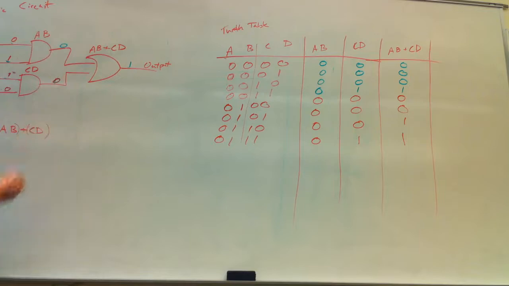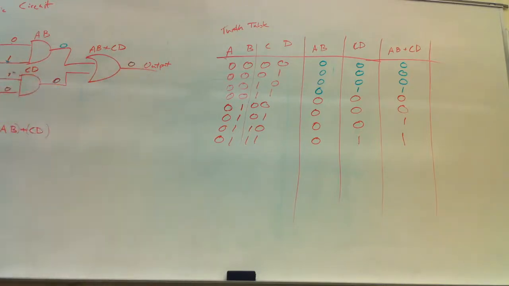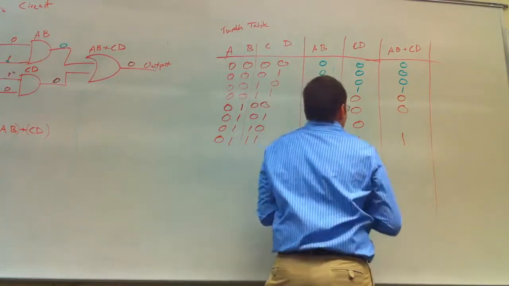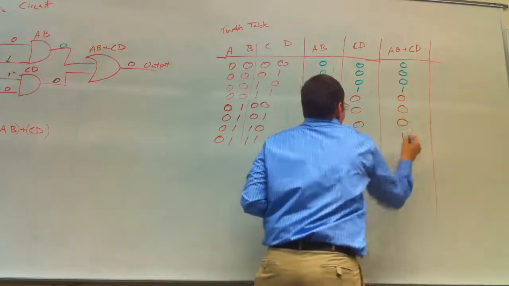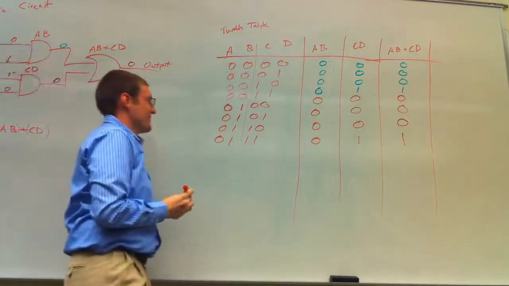It's OR, so 0 OR 0 is 0. Output is showing 1 for that one, right? Oh, my bad, I see what you're saying. I thought you said it was supposed to be 1.